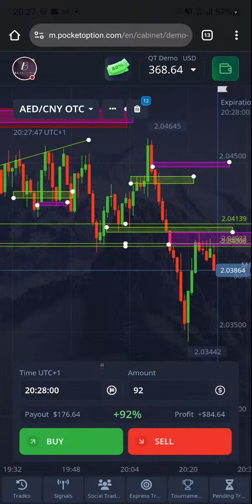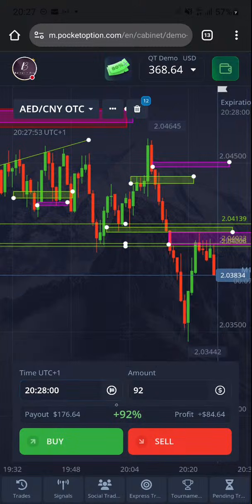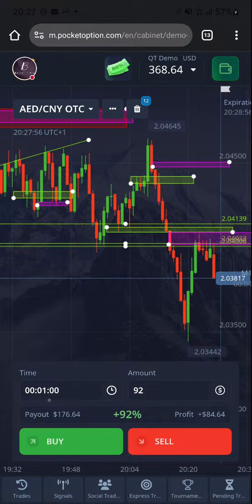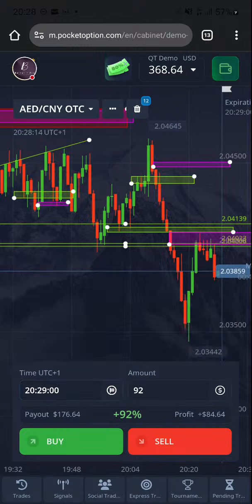Down here at the trade time, we're using M1 in flag mode. This is the flag mode and this is the regular mode. We make sure the second hand is always on 0, it's very important. This auto time offset should be on too. You don't touch it, just leave it. So we're going on M1, and that's basically it.